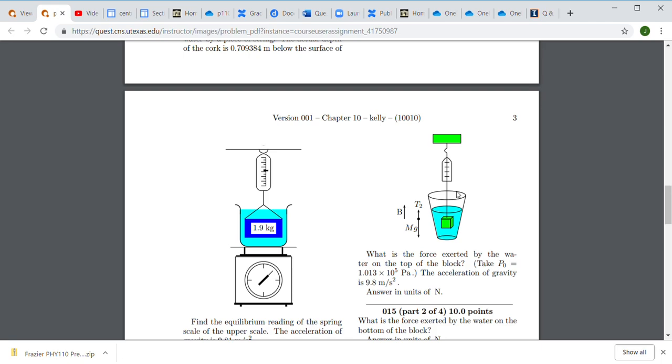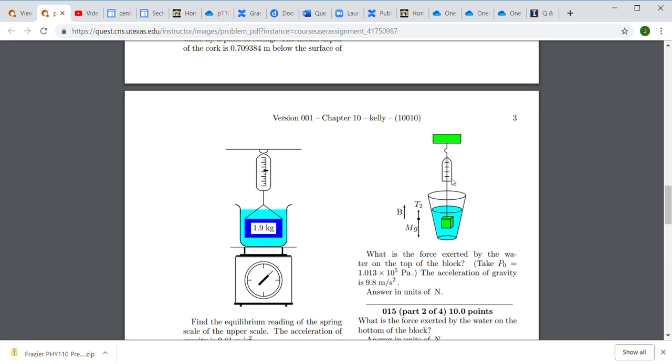That's equal to the weight of the water displaced, so we can get that by calculating the volume of this object, right? Converting those dimensions to meters in cubic meters, times the density of the fluid, and this is water, so times 1,000 will give us the mass of the water displaced, times little g will give us the weight of the water displaced.